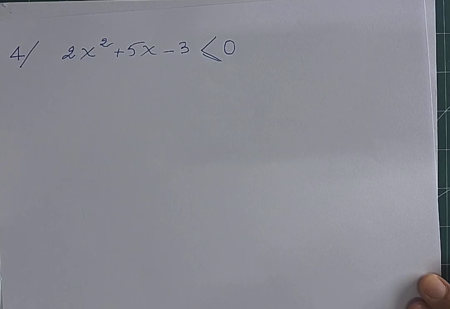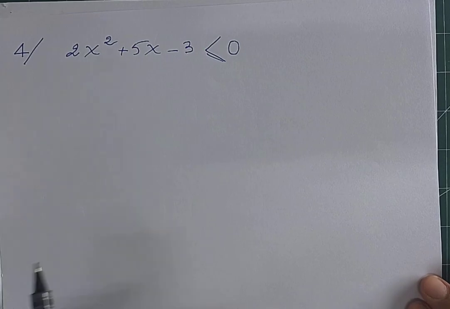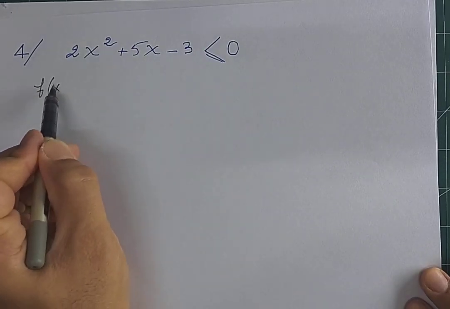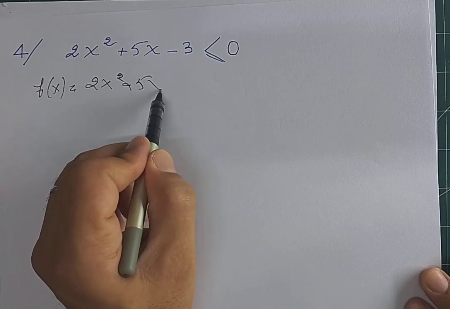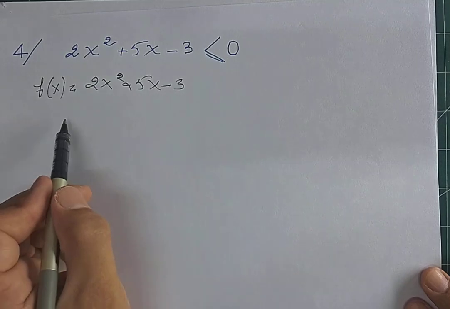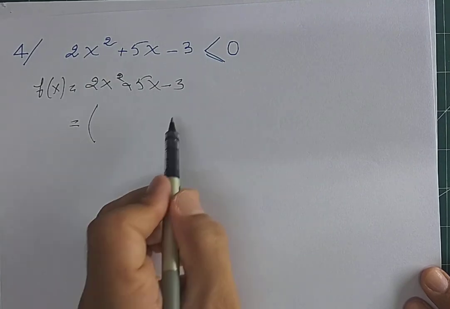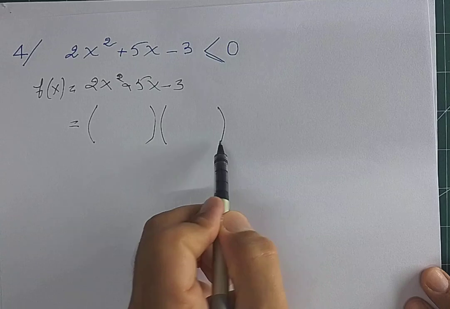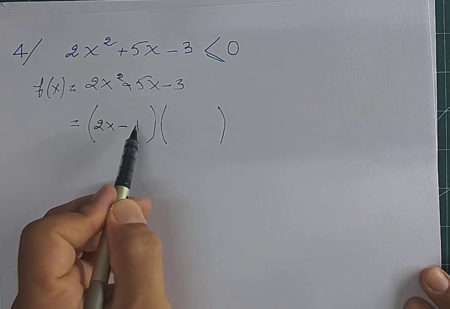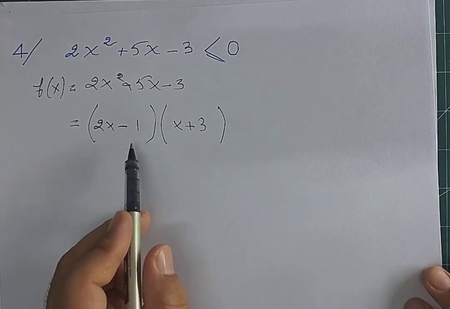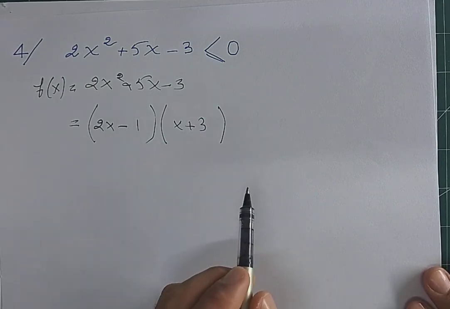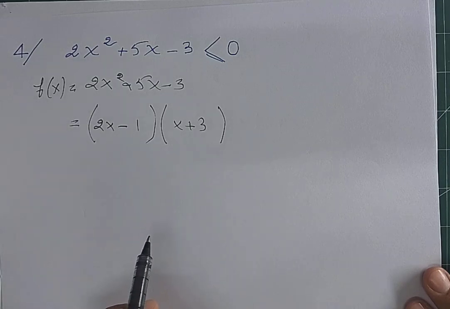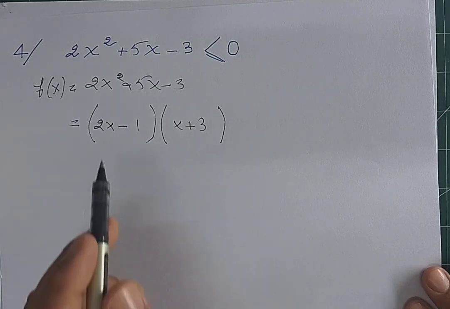Here 2x squared plus 5x minus 3, I can factor this. I assume that f(x) equals 2x squared plus 5x minus 3. It is easy to factor this quadratic expression. Here we have (2x minus 1)(x plus 3). We can check this.